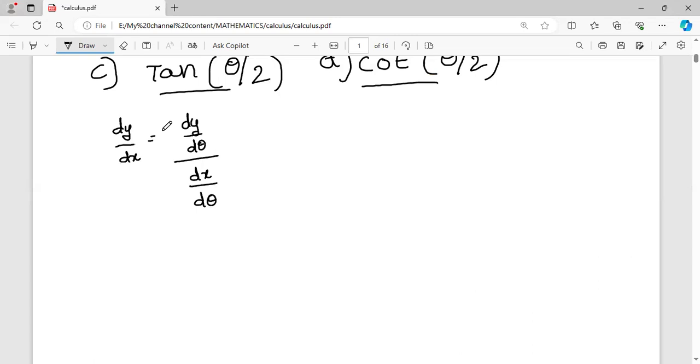So first, you have to calculate dy by d theta and dx by d theta individually.